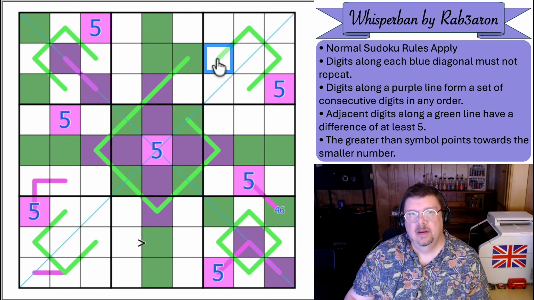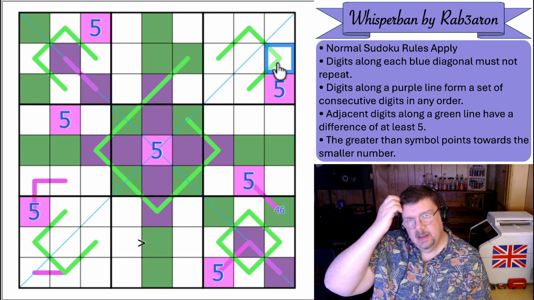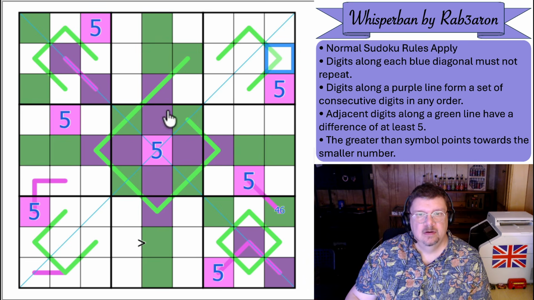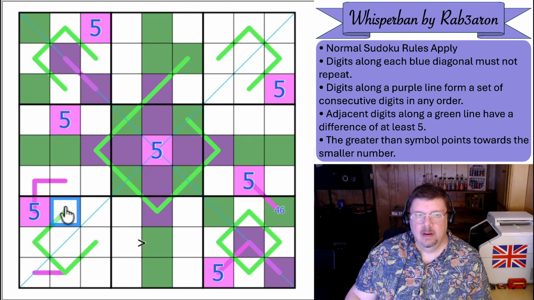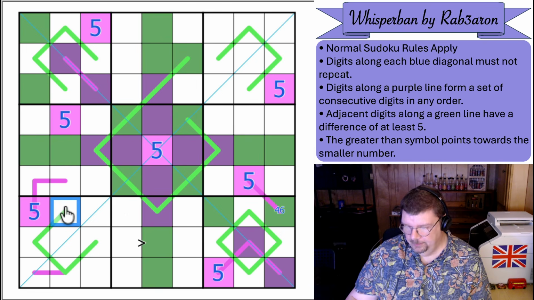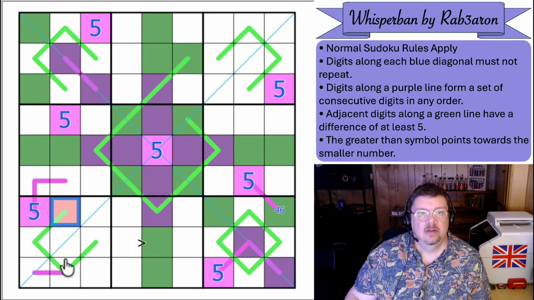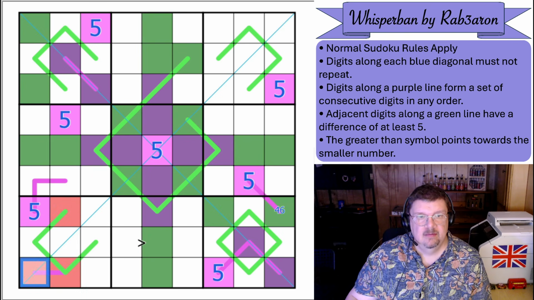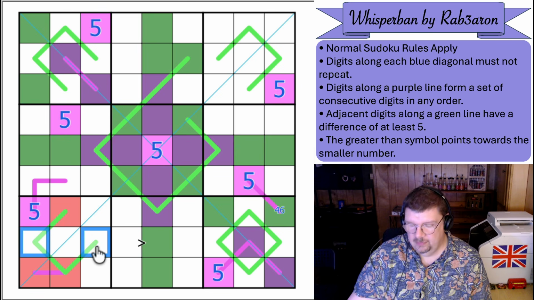All right. Right, I'm going to choose a different color scheme for the moment. I'm going to mark these two as red, which of course makes that red, and mark those as yellow.